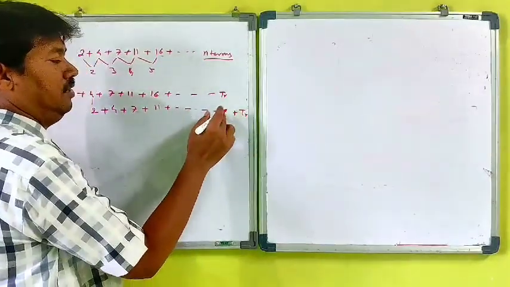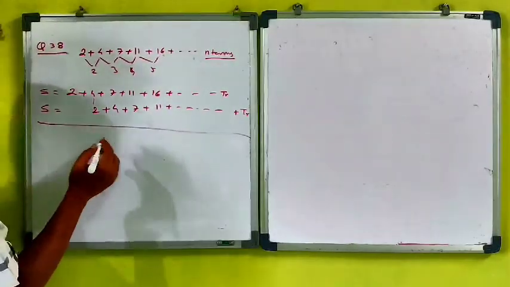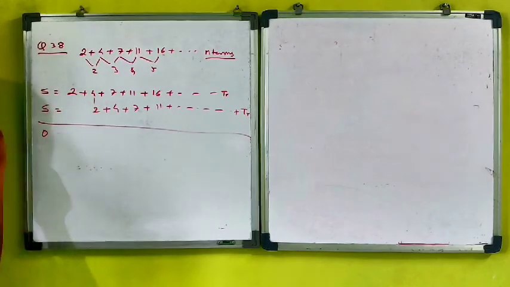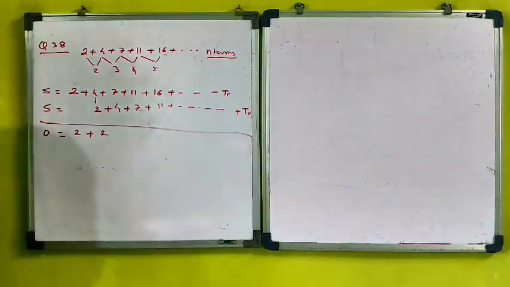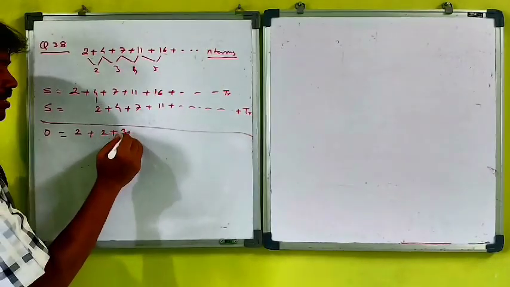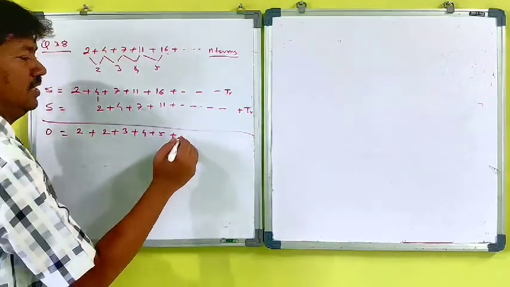And in the previous case, that is a Tr here. So if you do the subtraction, S minus S is 0. This 2 remains as it is. This 4 minus 2 is 2. This is 3, this is 4, 5, like this.